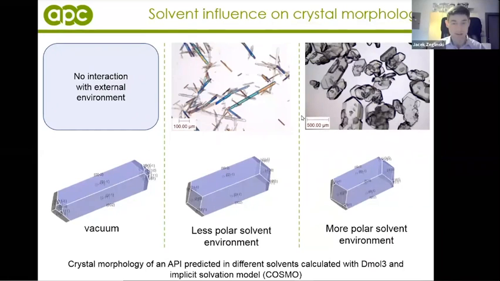As we can see, in vacuum we have the most elongated particle predicted. There's no interaction with an external environment, and in a less polar solvent we can see a decrease of aspect ratio. In a more polar solvent we can see an even greater decrease of aspect ratio. So that indicates that there's inhibition of growth at these polar facets of the particle, and that quite nicely matches the experimental results.